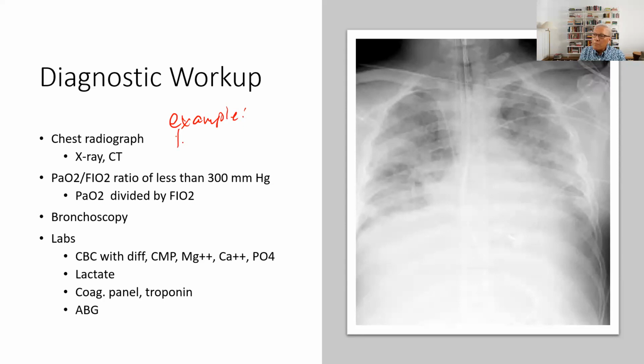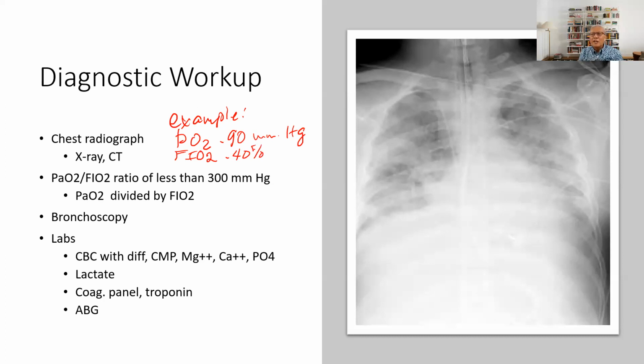Supposing your PO2 is going to be 90 millimeters of mercury, and you are having an FiO2, or oxygen that's being given to you, at 40%.